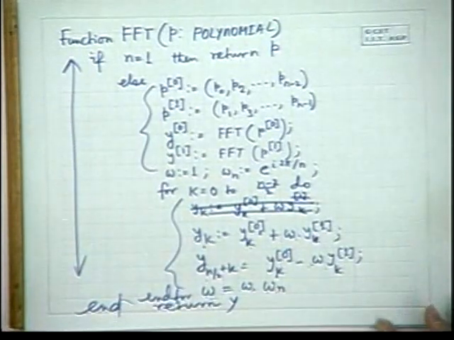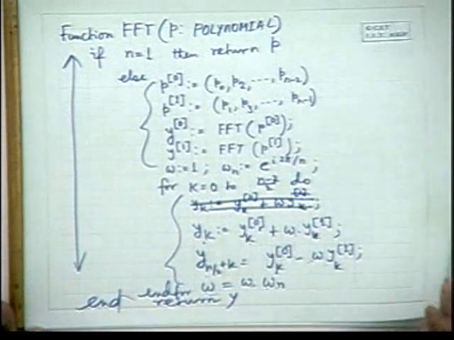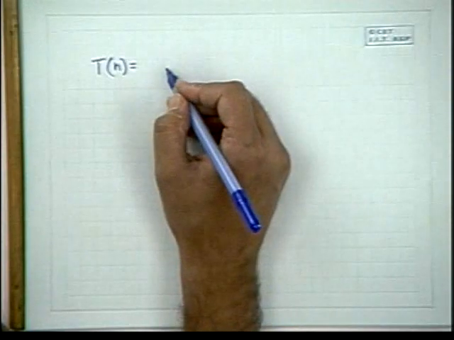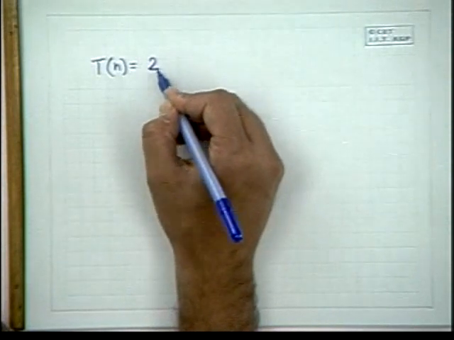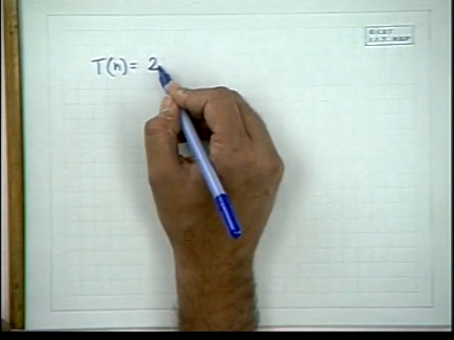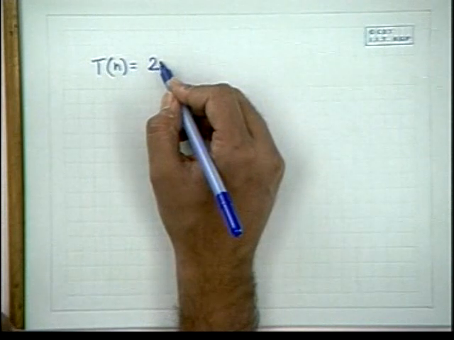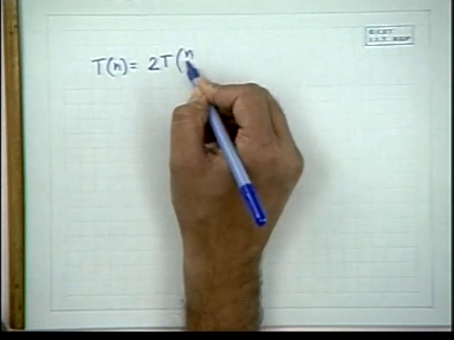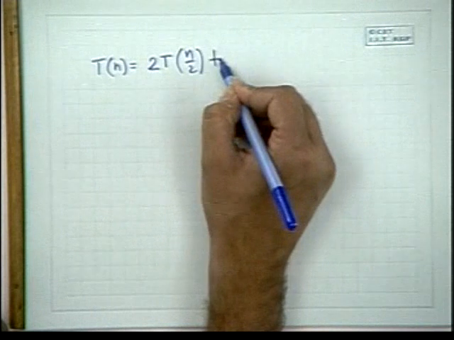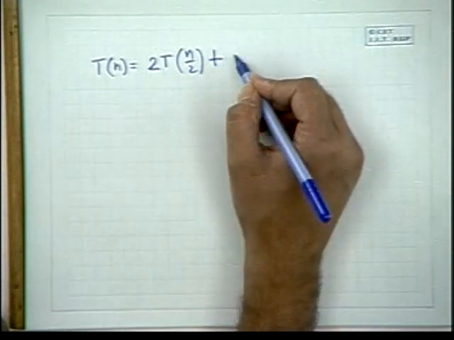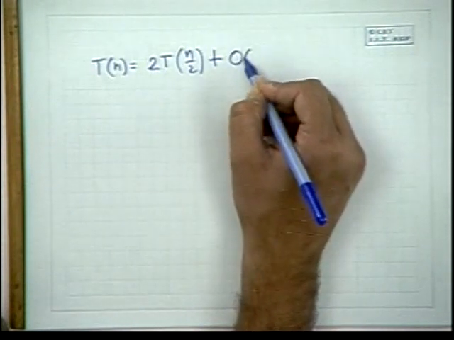Now, how much time does this take? If I express the time of this algorithm as T(n), we are splitting into two parts and making two recursive calls whose degree is n over 2. So this is 2T(n/2) plus order n, because the for loop is only order n.